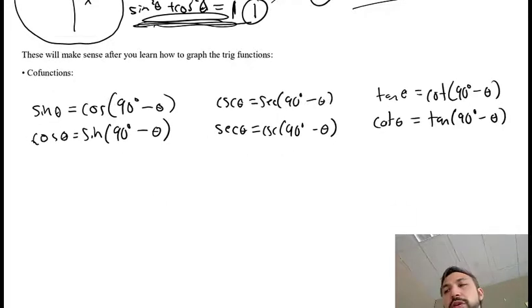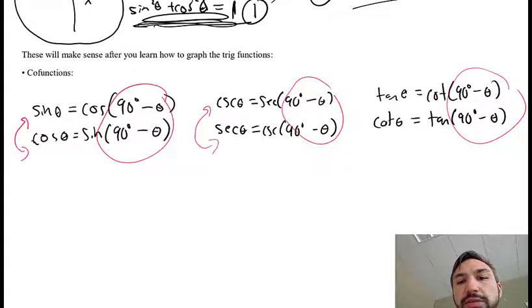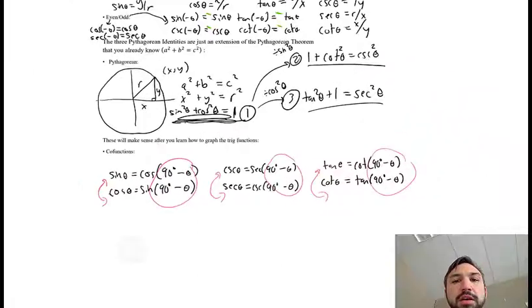So short term, it's not too useful. It'll take a few weeks before you can appreciate these, but again, notice the pattern. Really, you just need to memorize the pattern, and you need to know that these two go together, they're cofunctions. These two go together, they're cofunctions, and those two go together, those are cofunctions. And that'll be enough to help you memorize those.